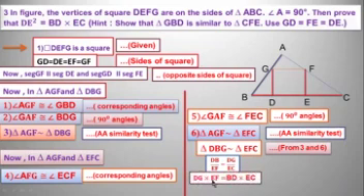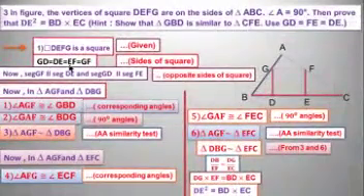DG multiplied by EF is equal to BD multiplied by EC. But DG and EF are equal to D, and therefore we can replace DG and EF by D, and therefore D square is equal to BD multiplied by EC.